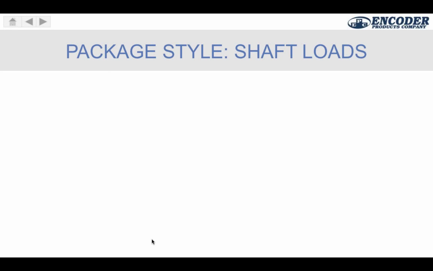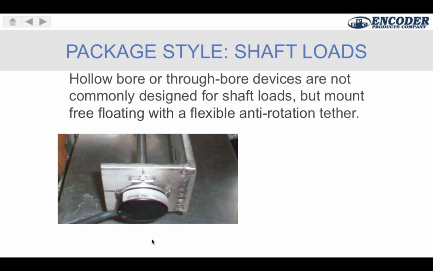Second, we'd also give consideration to what kind of load is going to be placed on the encoder, radial or axial load. Here we see an example of a hollow bore encoder that was installed in order to move the encoder away from a heat source on the other end of this shaft. And the encoder here, this blind hollow bore encoder, is actually carrying the load of the shaft.